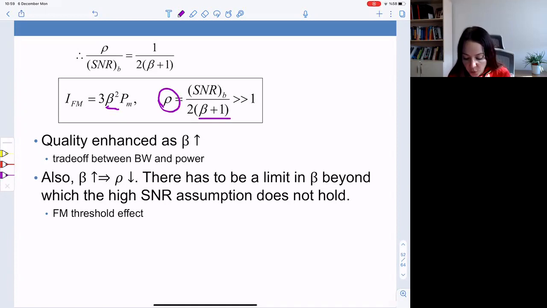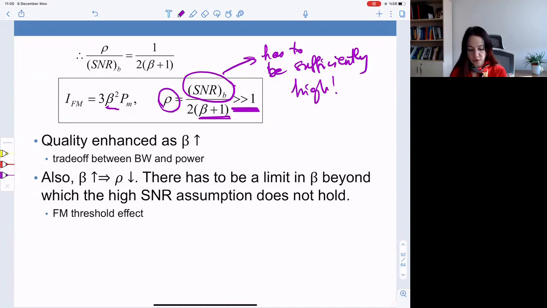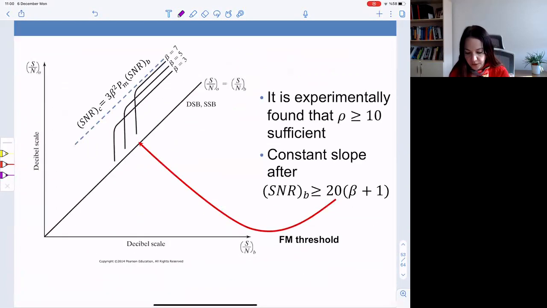So in order for rho to continue to be larger than 1 as beta is increased, SNRB has to be sufficiently high. If not, there's going to be an FM threshold effect as seen in this picture.